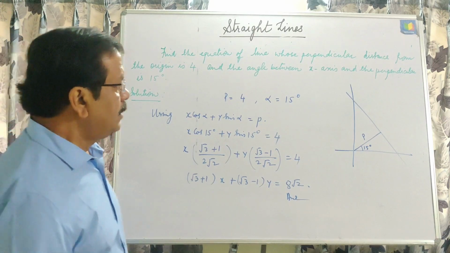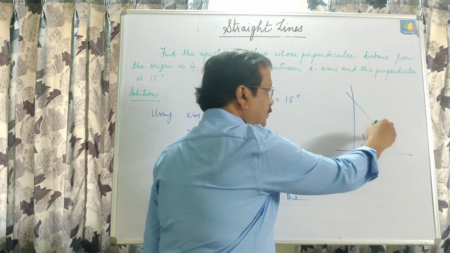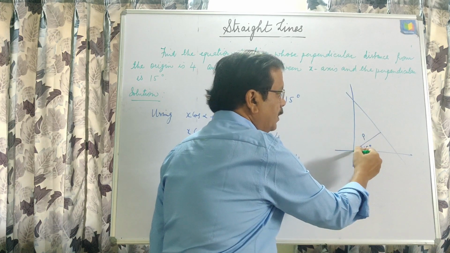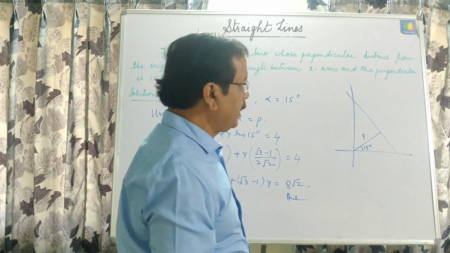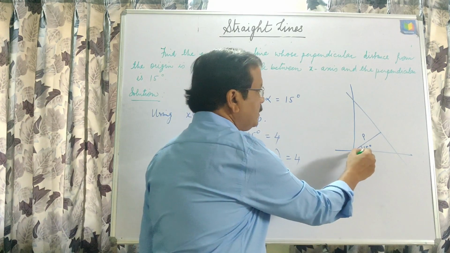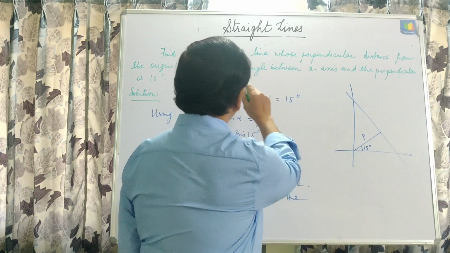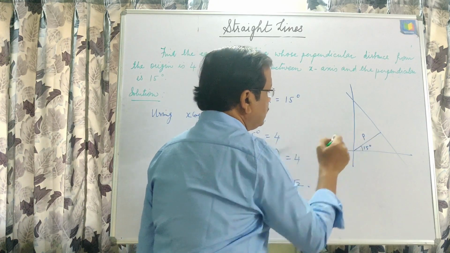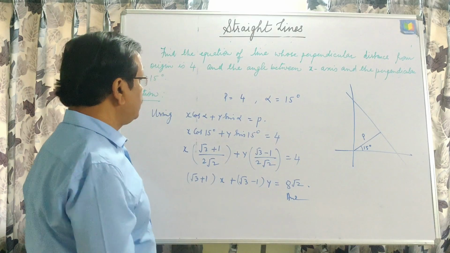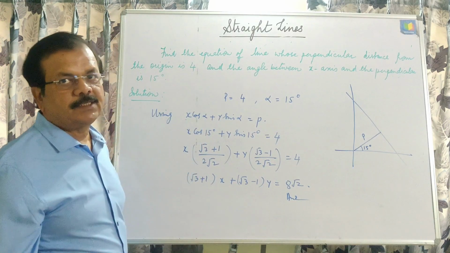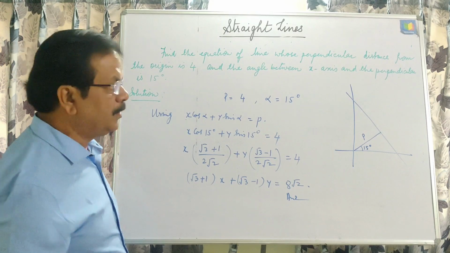You have seen the figure like this. We got the equation of this line and the perpendicular distance from the origin was taken as p and this angle as 15 degrees, and in the same way p is given as 4 and alpha is 15 degrees, so we use the normal form x cos alpha plus y sin alpha is equal to p.